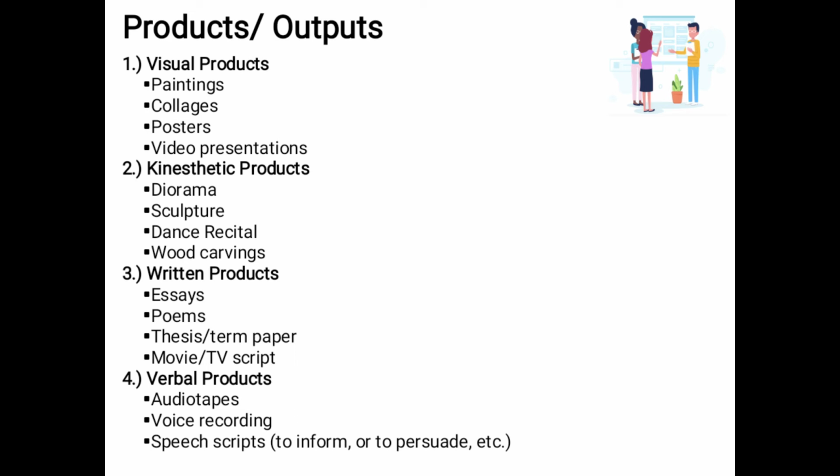Number two, which is kinesthetic products, and it has diorama, sculpture, dance recital, and wood carvings. In number three, the written products, which are essays, poems, thesis or term paper, and movie or TV script.